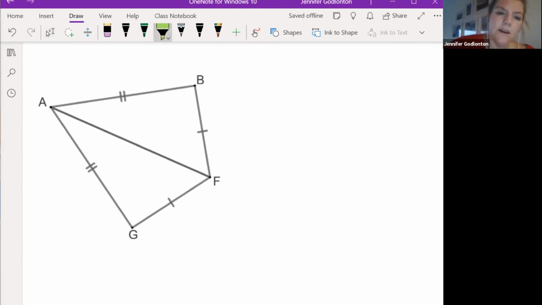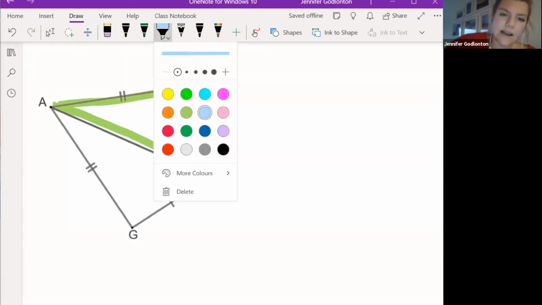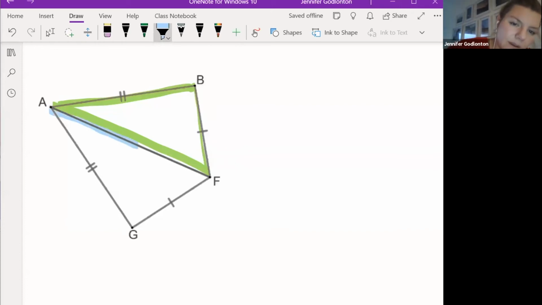Okay. So first of all, we want to know which triangles we're working with. So we've got that triangle and we've got this triangle. Whenever we do a proof, we set it up this way. Our first step is we identify which triangles we're working with.